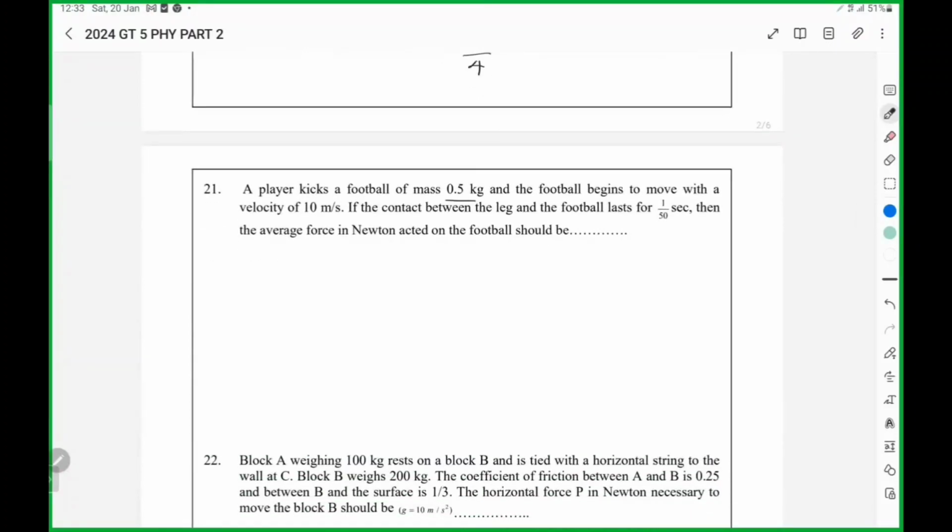So 0.5 kg, and the football begins to move with a velocity. The contact between the leg and football lasts here, the force acts for a small interval of time.